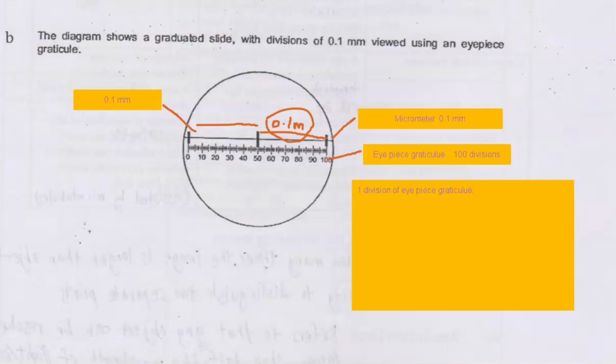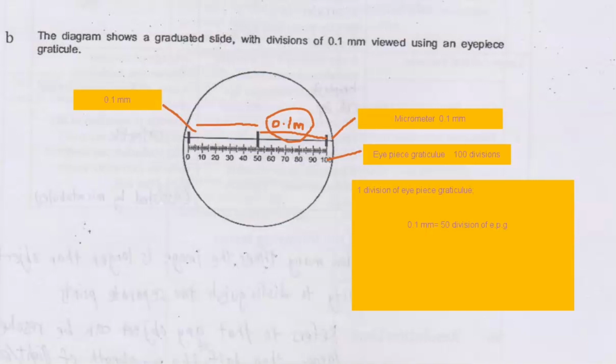So we have to write here: 0.1 mm equals 50 divisions.